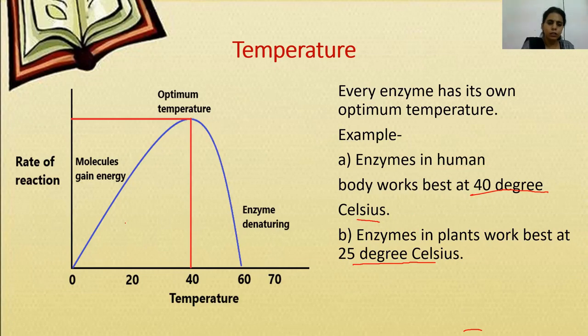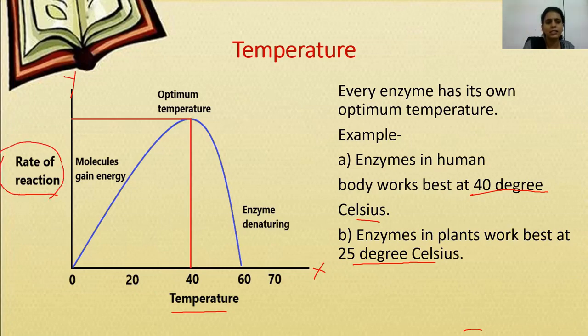Now, if you look at this particular graph, it is plotted between temperature and the rate of reaction. You are aware that this is the x-axis and this one is the y-axis. How does the change in temperature affect the rate of a chemical reaction?